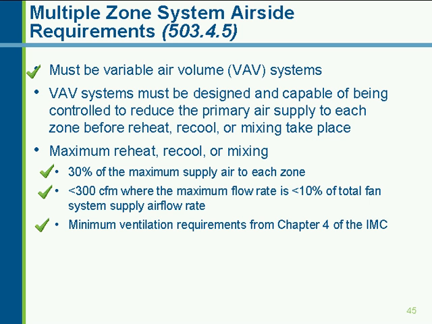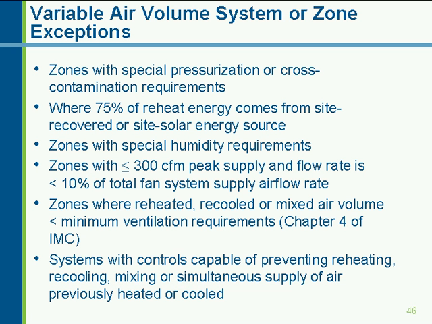Now, as I mentioned, there are some exceptions to the variable air volume system requirements. If you've got zones with special pressurization or cross-contamination requirements, they're exempt, and some examples of that might be hospitals or laboratories, which need not use VAV controls.